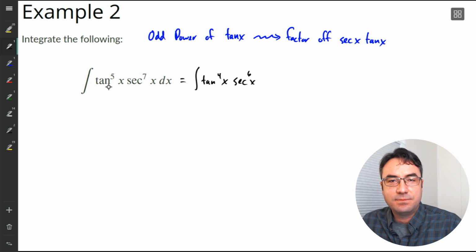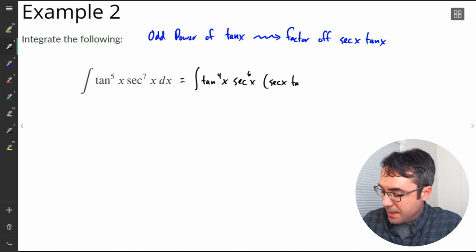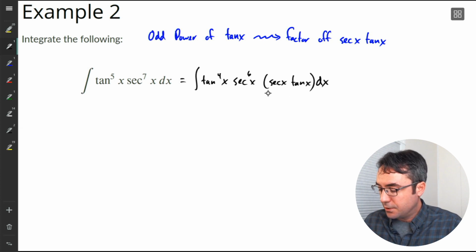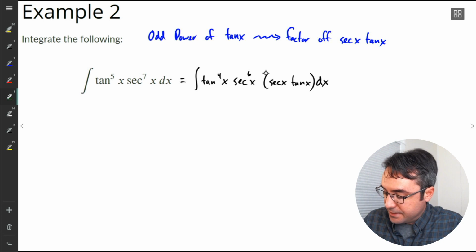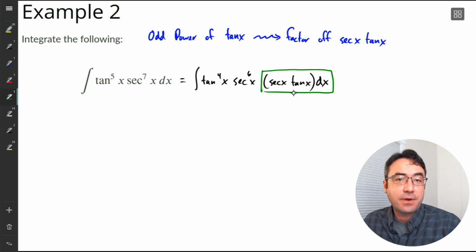And we're going to take one of the tangents, one of the secants, group them together and put them next to our dx. Hopefully, if everything goes according to plan, that's going to become our differential.